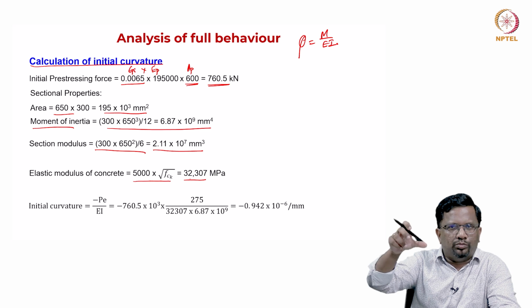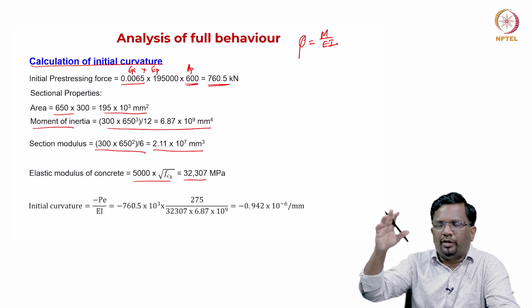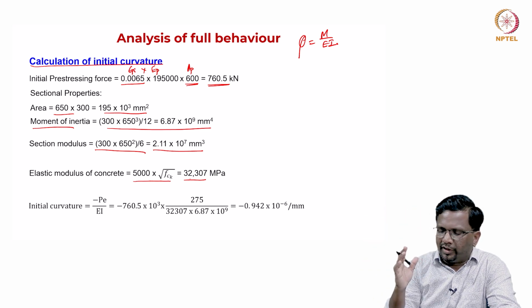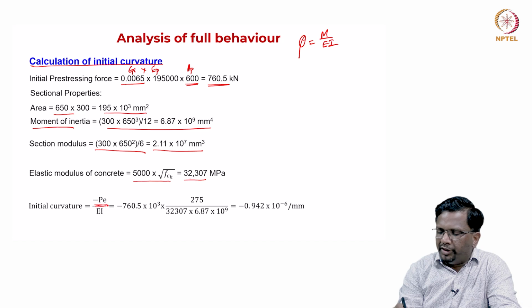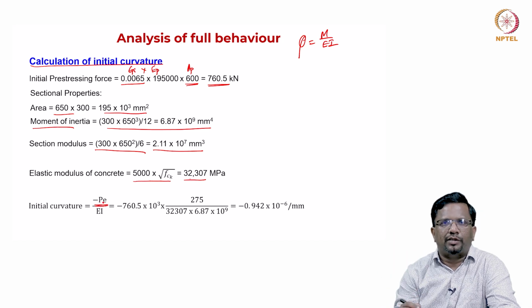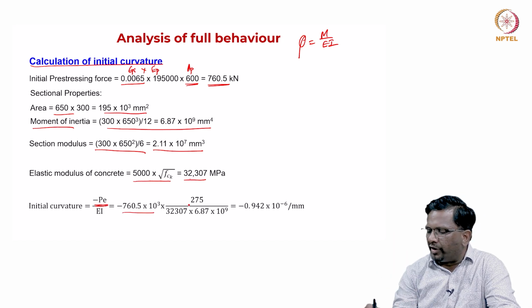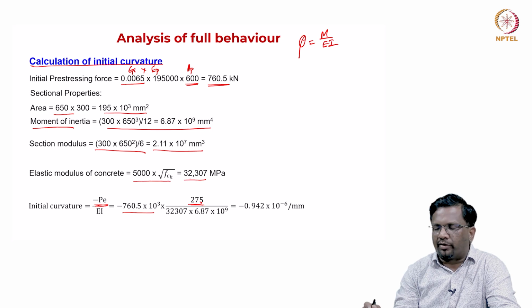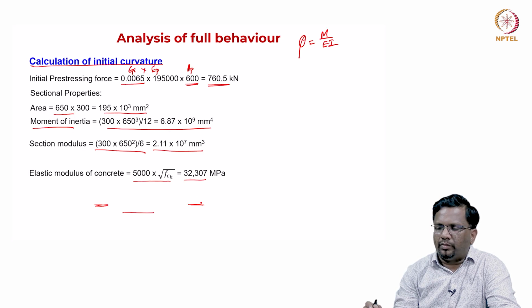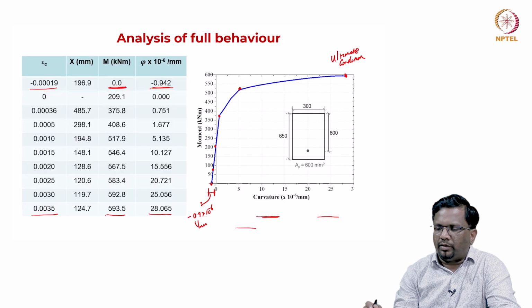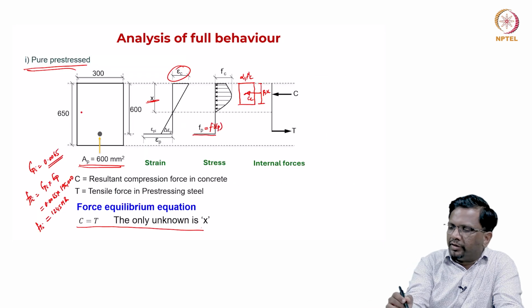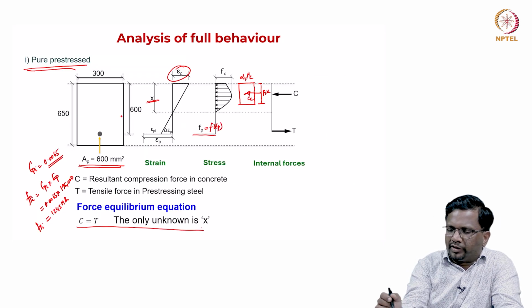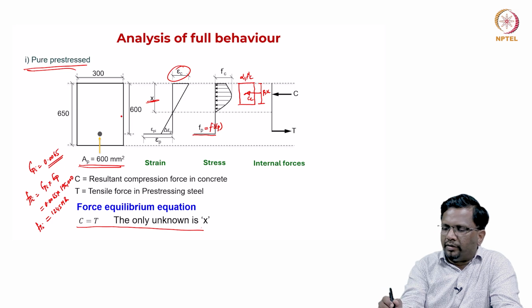When there is no external moment, there is only the prestressing moment. That prestressing moment is P into eccentricity. P we have calculated, so what is the eccentricity of that force? If you go back to the cross section, you see here, this is the cross section that we have, 650, and this is at 300, 600.